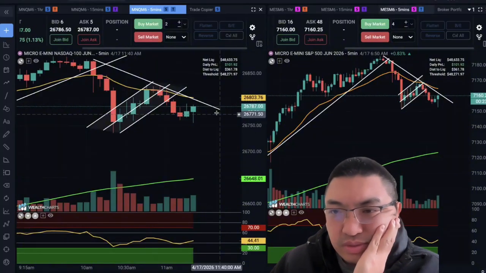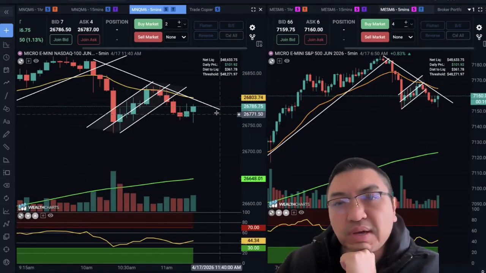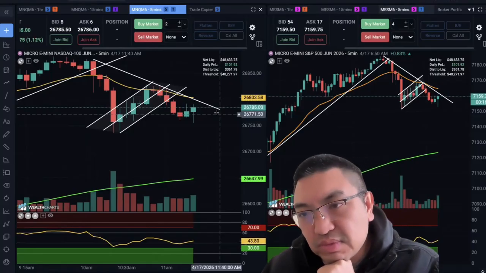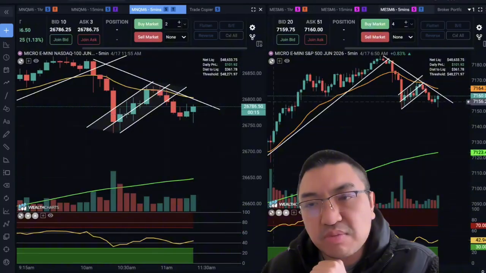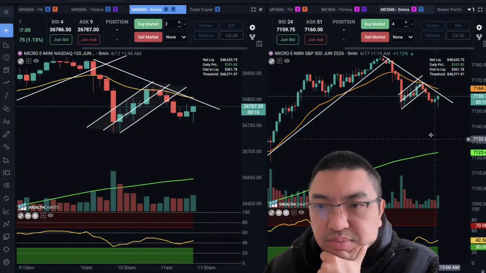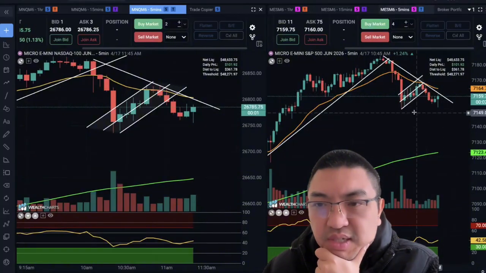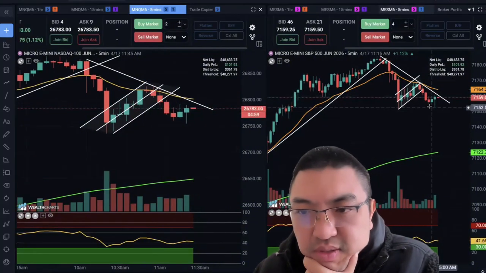Break the trend line, then I'll buy in, go long. If ES breaks the trend line, ES is easier to break the trend line, then I'll go long at NQ. That means buyers resume control with this trend. This is the trend. This is just a retest, a double bottom. Yeah, double bottom.